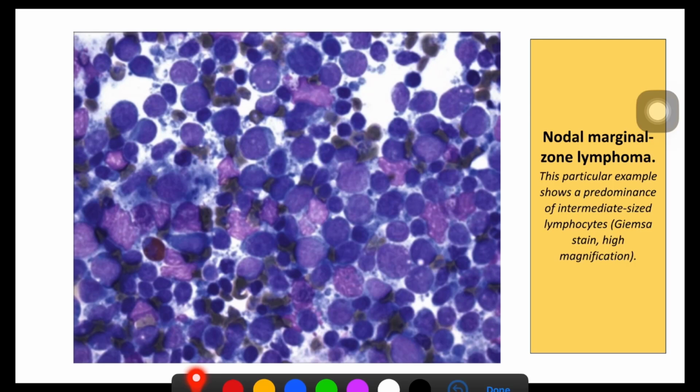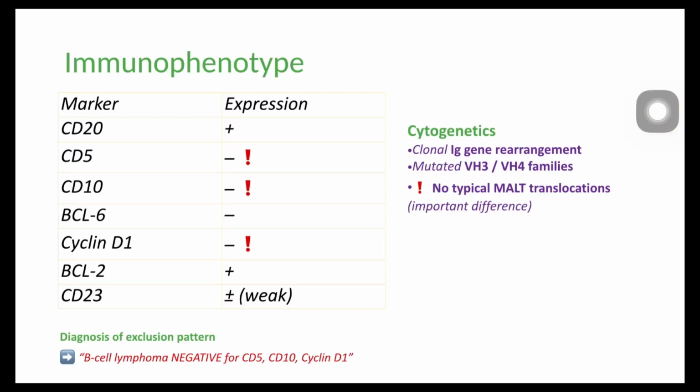So by morphology you will see all will have the same picture, like an intermediate cell pattern. Sometimes you may find eosinophils, and this is the nodal marginal zone lymphoma which is confirmed by immunohistochemistry.